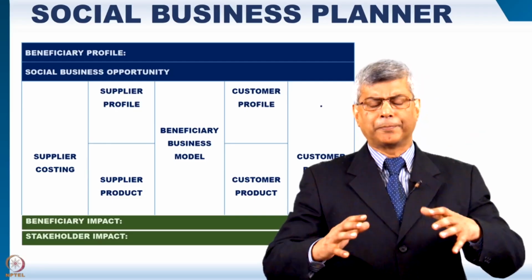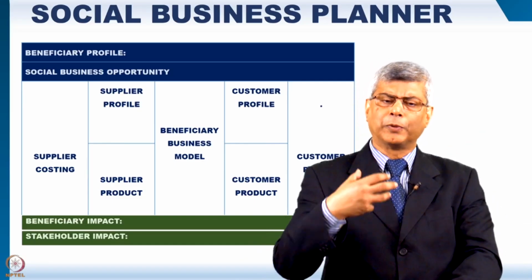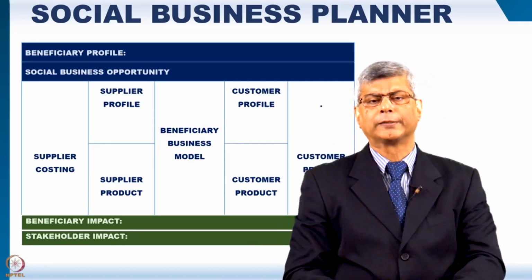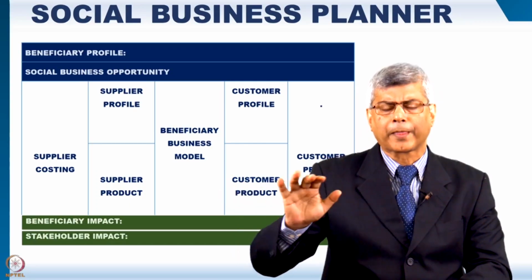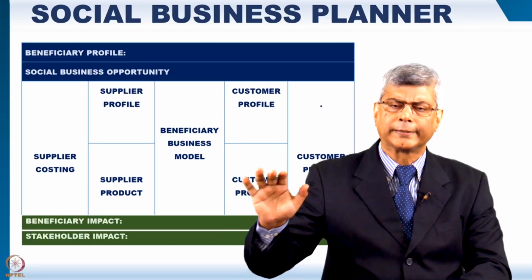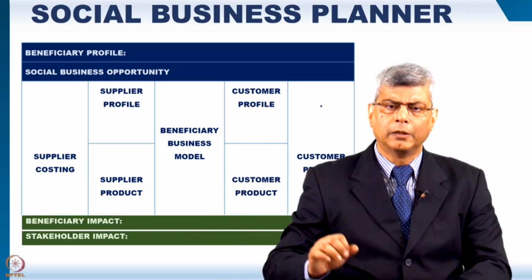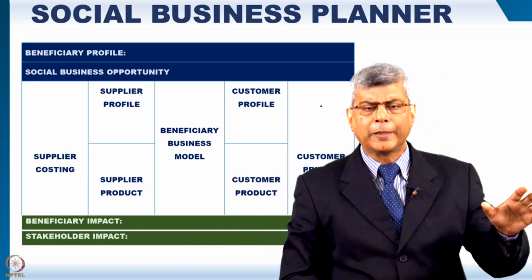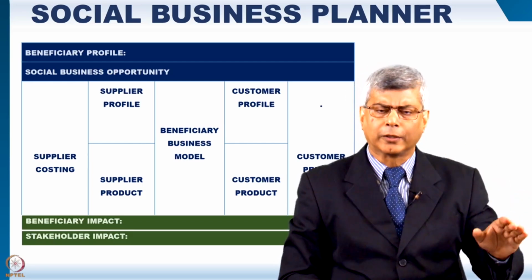And then slowly, like a normal business plan, it gets into what is the business model of the social entrepreneurs, who will be the customers, what will be the customer product, what is the customer pricing, and then on the supplier side, who are the suppliers, the raw material, and the cost of the raw material.